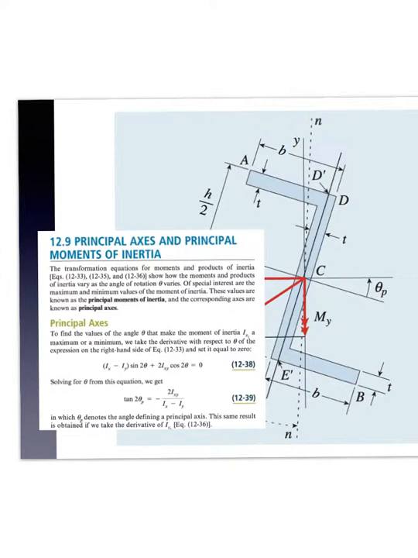After calculating theta p, we substitute into the previous equations 1233 and 1236 so that we finally calculate the moments of inertia. So now we have solved our moments of inertia and we are ready to proceed to calculating the normal stresses. We have transformed our moments of inertia.